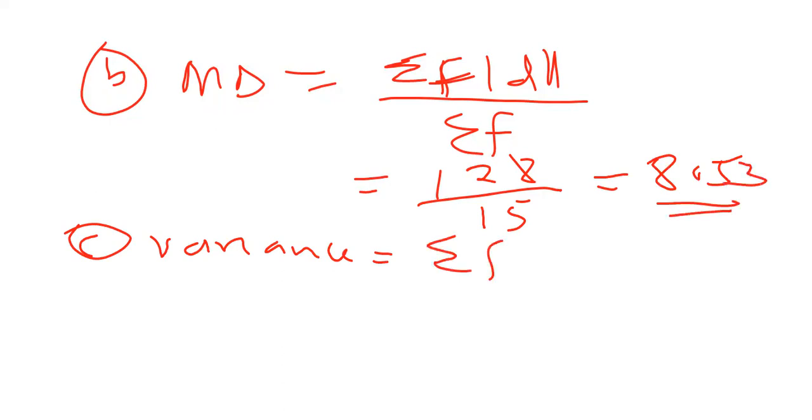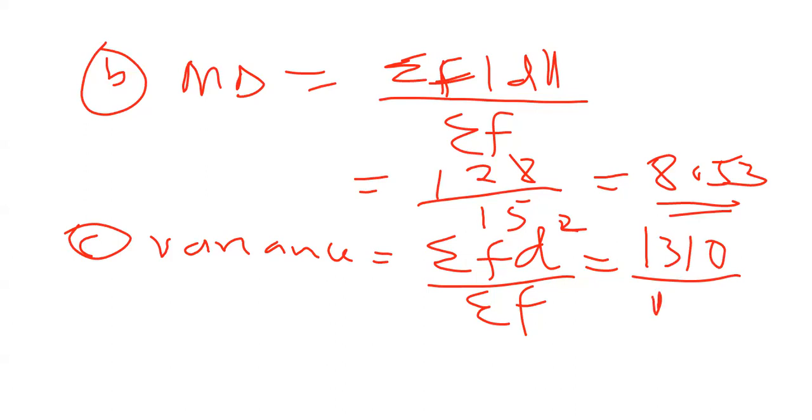This one is summation of FD squared all over summation of F. And that's when we have 1310 all over 15. And what's the result? 87.3. 87.33333.